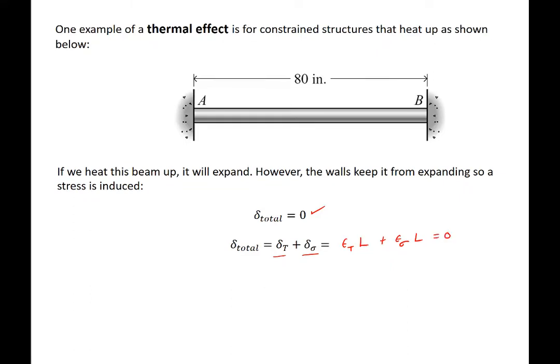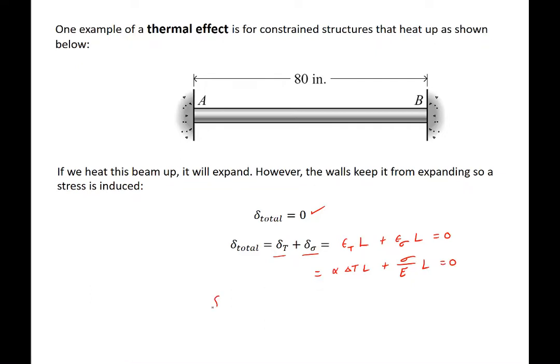All right, and if we substitute back in there for our thermal strain, that's going to be alpha times delta T times L, and put in our stress, sigma over E times L, again equals 0.